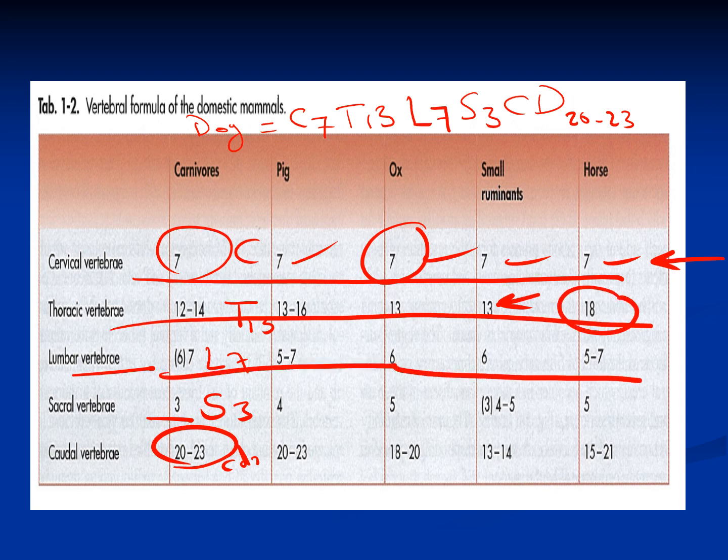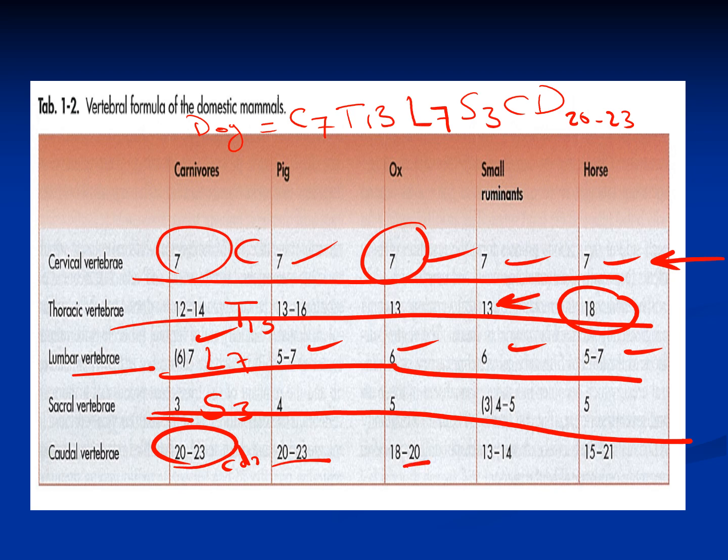For the lumbar, we have 7, 5 to 7, 6, 6, and 5 to 7. For the sacral, we have 3 fused vertebrae. We have 3, 4, 5, 4 to 5, and 5. And for the caudal, between 20 to 23.